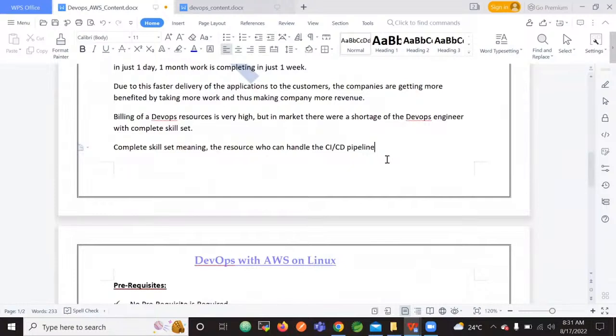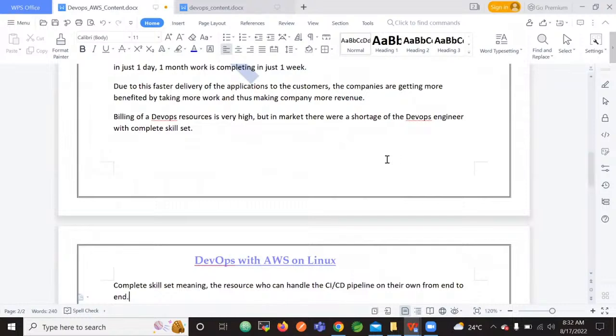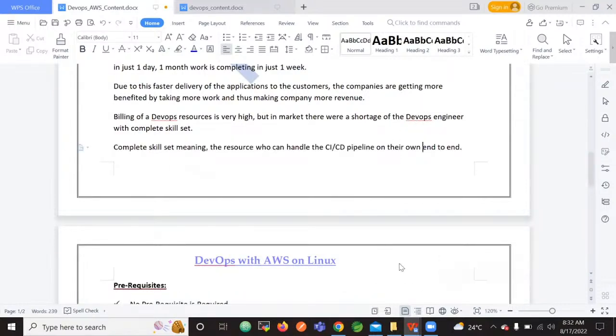Complete skill set means the resource who can handle the CI/CD pipeline on their own, from end to end. So that is the reason the opportunities are more.